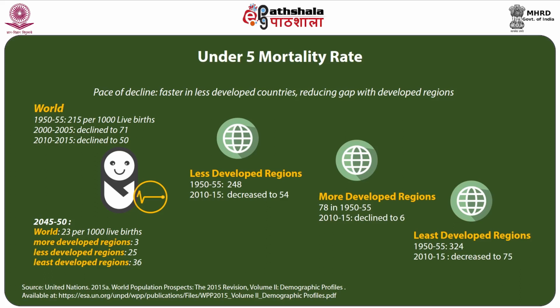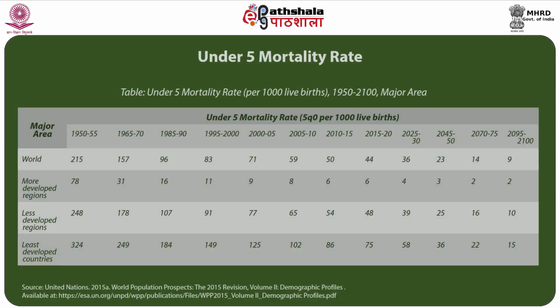It clearly indicates that the reduction in childhood mortality is coming in a big way in most of the less developed regions, which is a positive indicator. This chart depicts the variations in under 5 mortality rate over a period of time across different regions of the world and the globe as a whole.